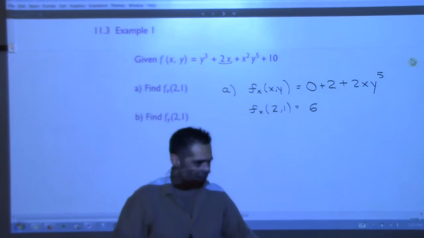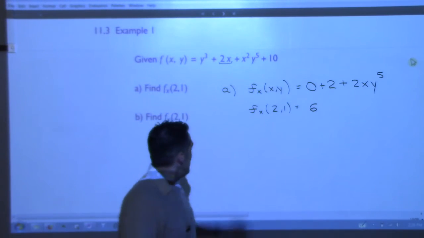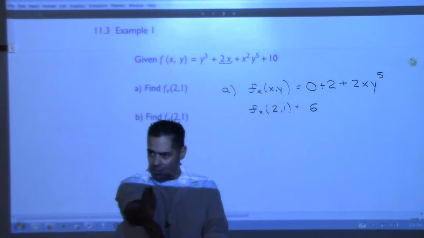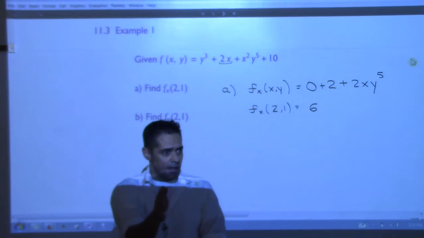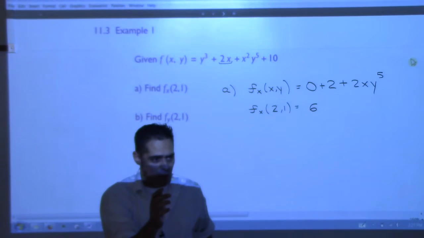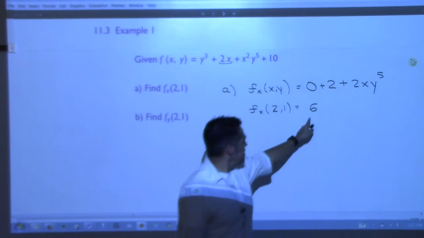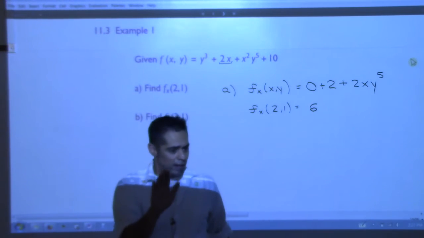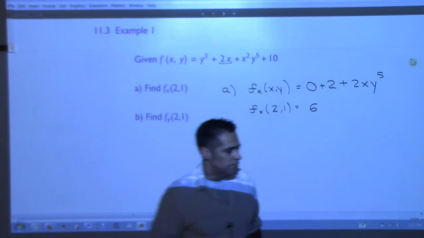I'd be somewhere on a surface. And now, if I pointed myself in the direction like this, parallel to the x-axis, and take a step, where am I headed? Up. And pretty steep, right? 6 is a pretty good slope. So it's a pretty good rise that direction. Make sense?